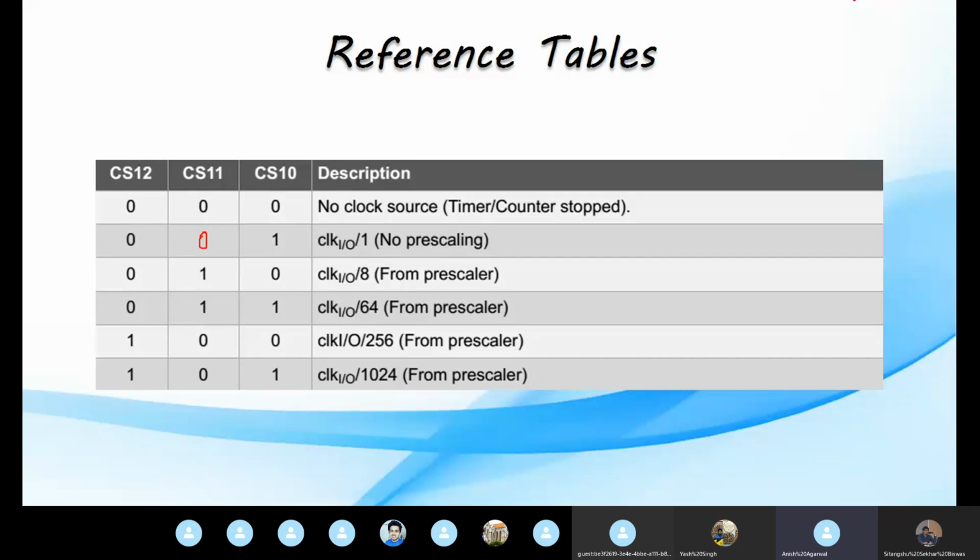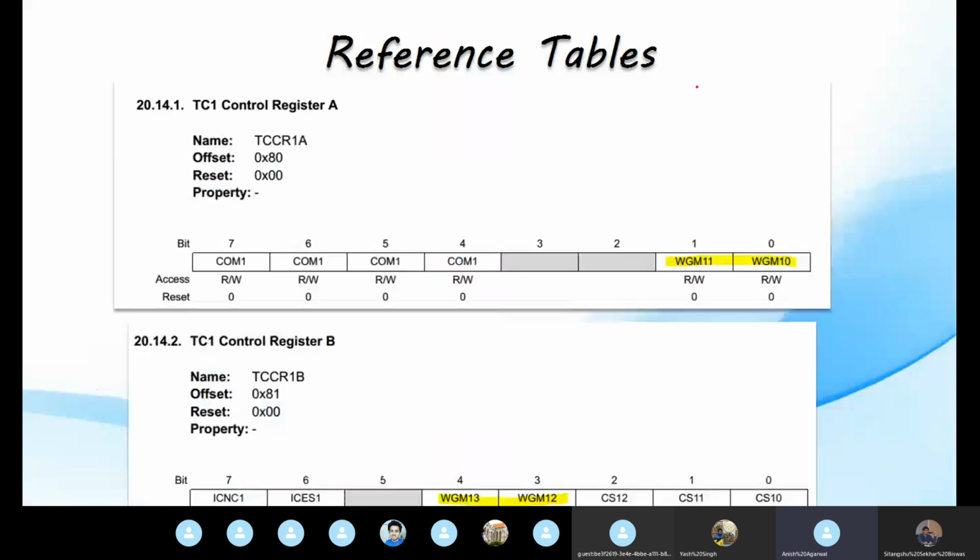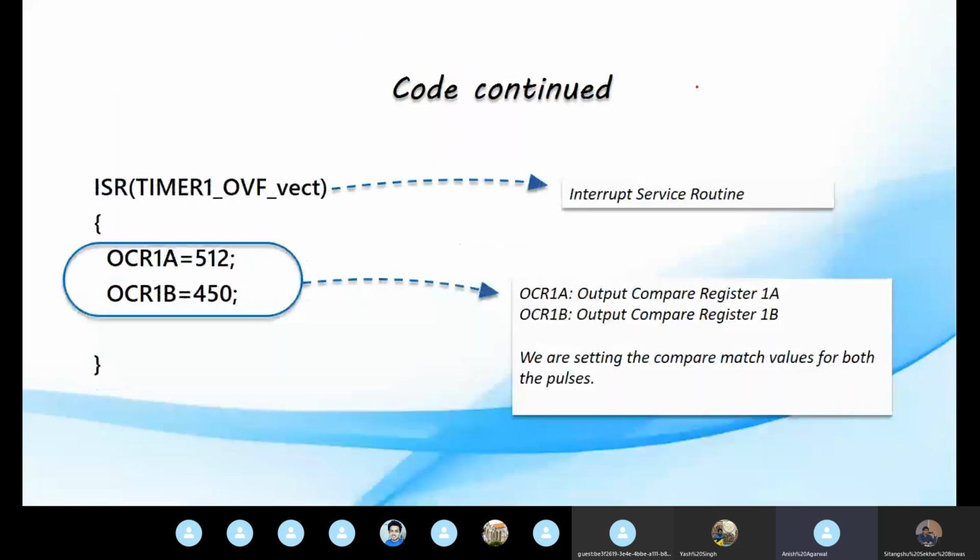But if we had changed the value to 010 or 011, we could have slowed it down by a factor of 8, or by a factor of 64. All right, move to the code.